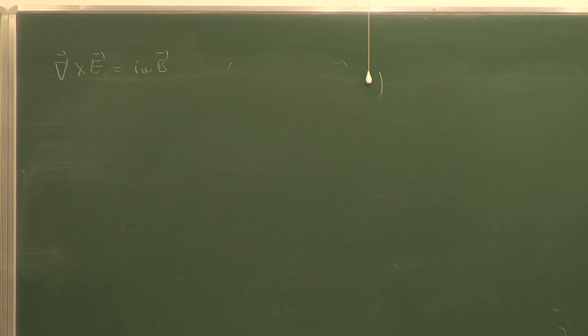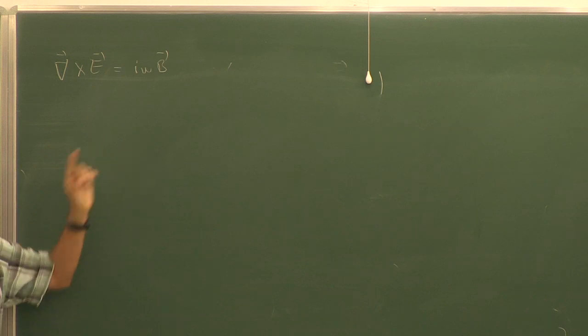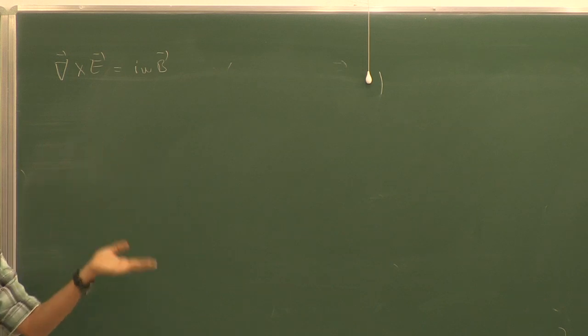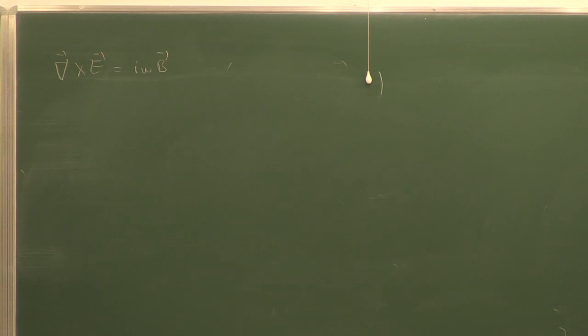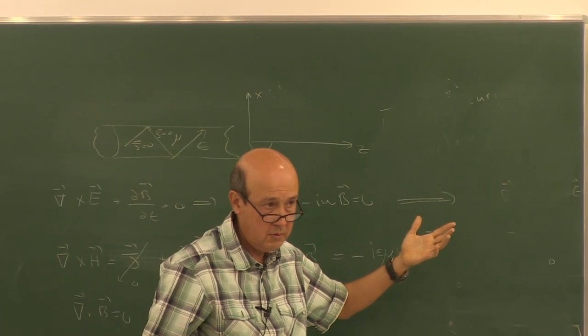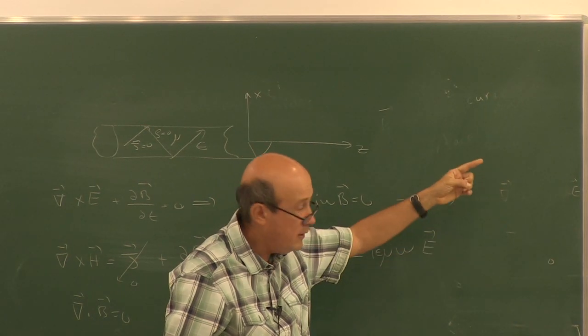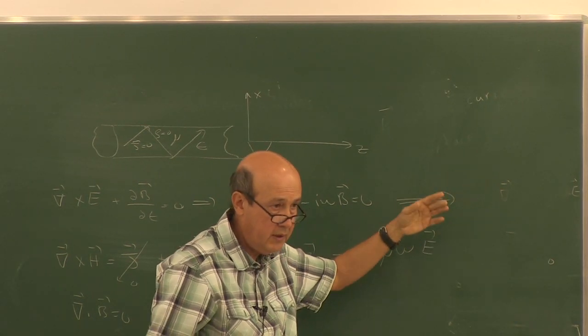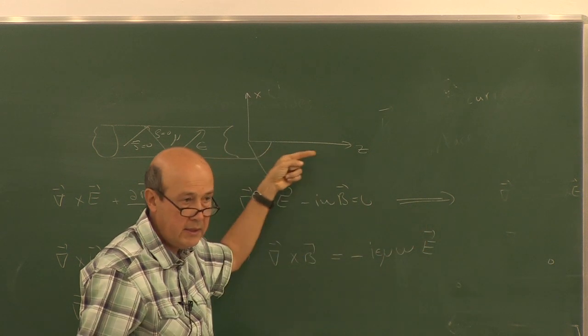Basically that vectorial equation has three components, but what I need here are the longitudinal and transverse ones. How can I obtain the longitudinal component of Faraday's equation? You have two options: you either do a dot product with z or a cross product. Which one do you choose? This is a vector equation, and I want to look at it along the z direction.